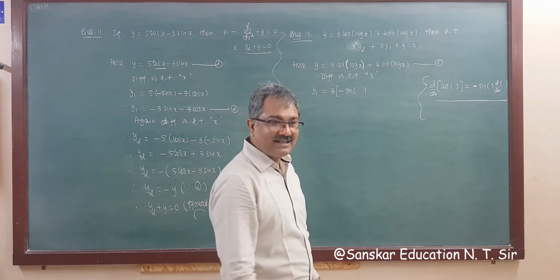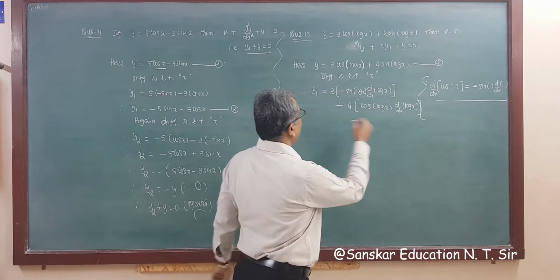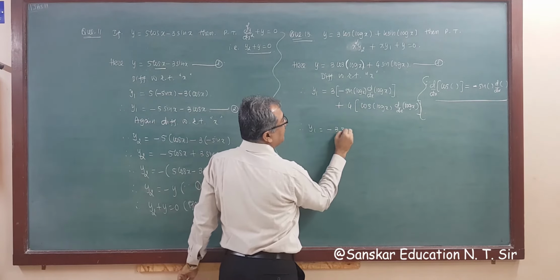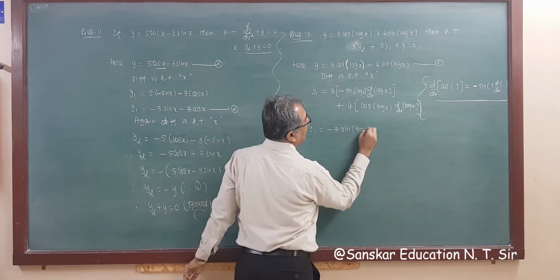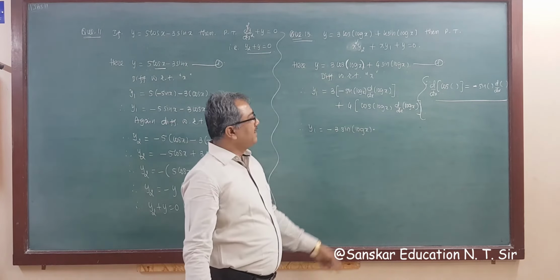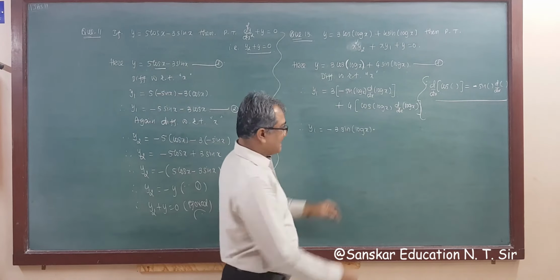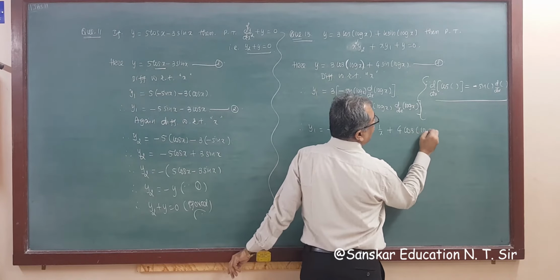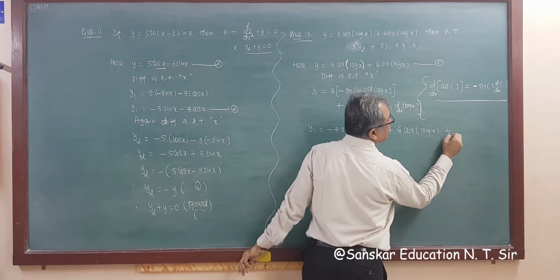This is cos bracket and d dx of bracket, that is log x. Similarly, d dx of sin bracket is cos bracket into d dx of bracket. So y1 is equal to minus 3 times sin log x, and derivative of log x is 1 upon x, plus 4 times cos log x into derivative of log x, which is 1 upon x.